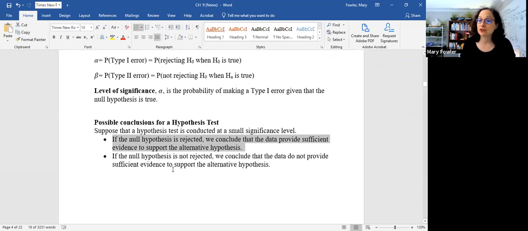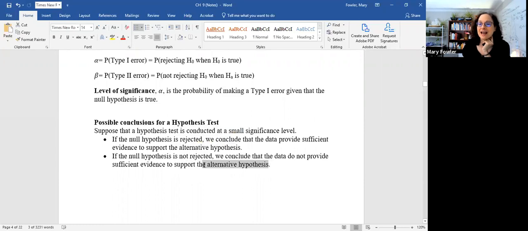If we fail to reject the null hypothesis, then we conclude that the null hypothesis is not rejected. If the null hypothesis is not rejected, we conclude that the data do not provide sufficient evidence to support the alternative hypothesis. A quick note is that both of these statements are about whether or not we support the alternative hypothesis.